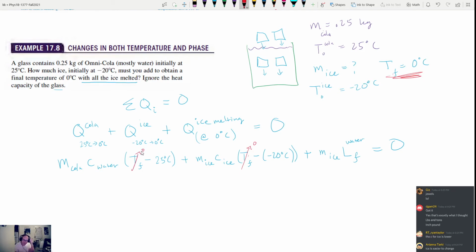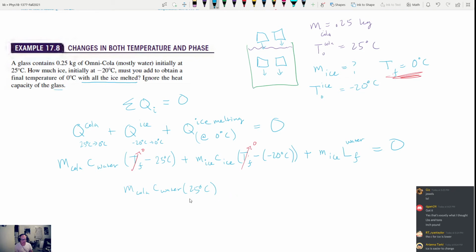So now if we want to solve for the mass of the ice, we can do some rearrangement here. Let's see if we can do this relatively quickly. So we're going to have mass of the cola, C for the water. I'm going kind of fast, so if you have any questions about what I'm doing here, can you write them in the chat? So M cola, C water, 25. We're going to add that to the right-hand side.